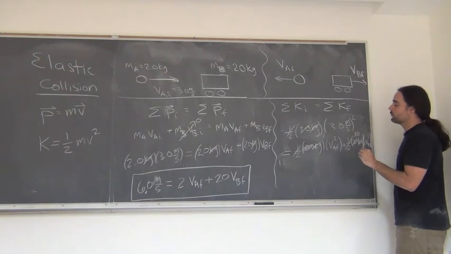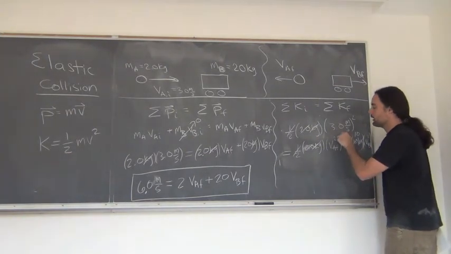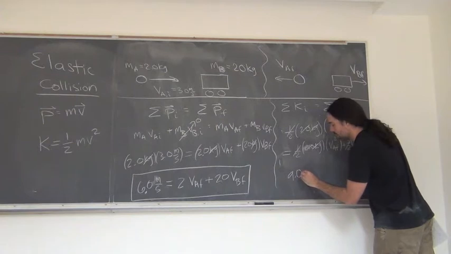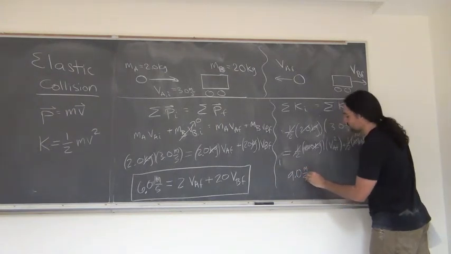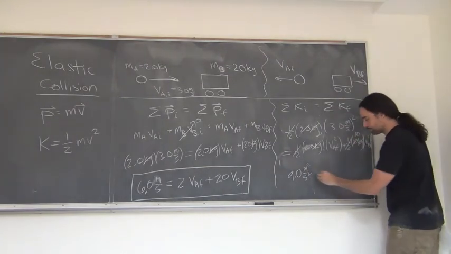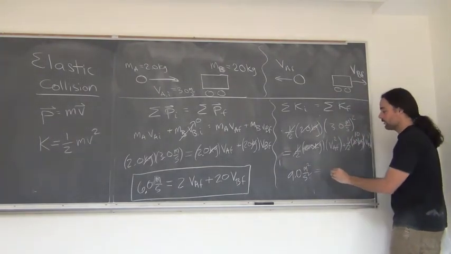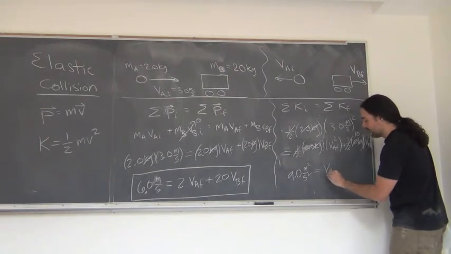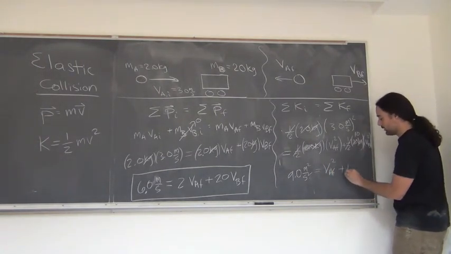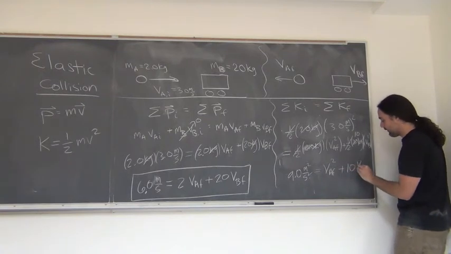So we are going to be left with 9 meters squared per second squared, because it's squared, equals VAF squared plus 10 VBF squared.